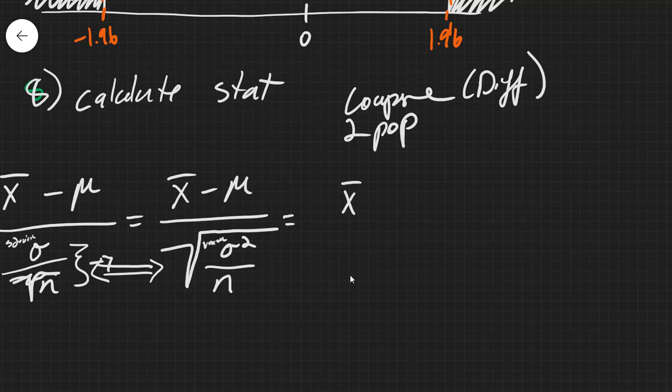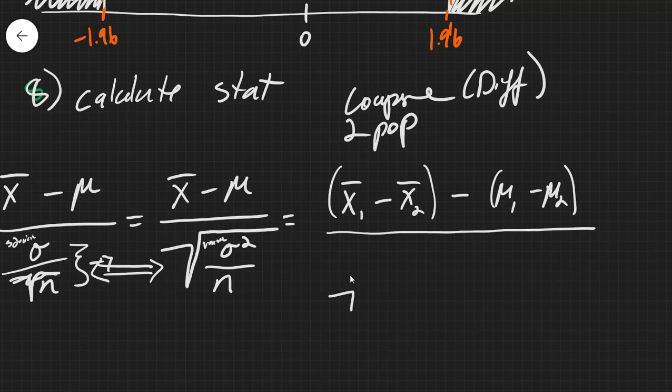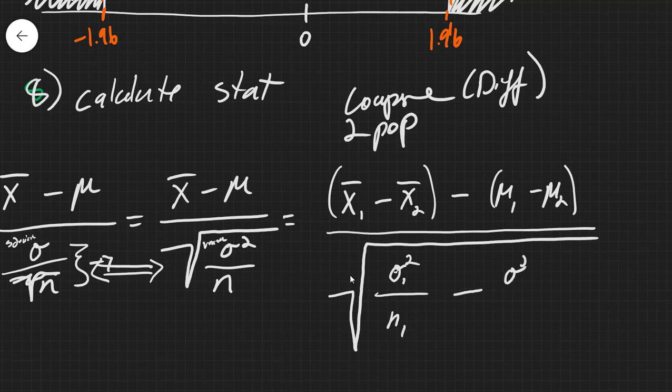So we're going to do x bar sub 1 minus x bar sub 2, this is its own little entity, minus mu sub 1 minus mu sub 2, this is its own little entity, all over the square root of sigma squared, or standard deviation squared, variance, sigma squared sub 1 over n sub 1 minus sigma squared sub 2 over n sub 2.